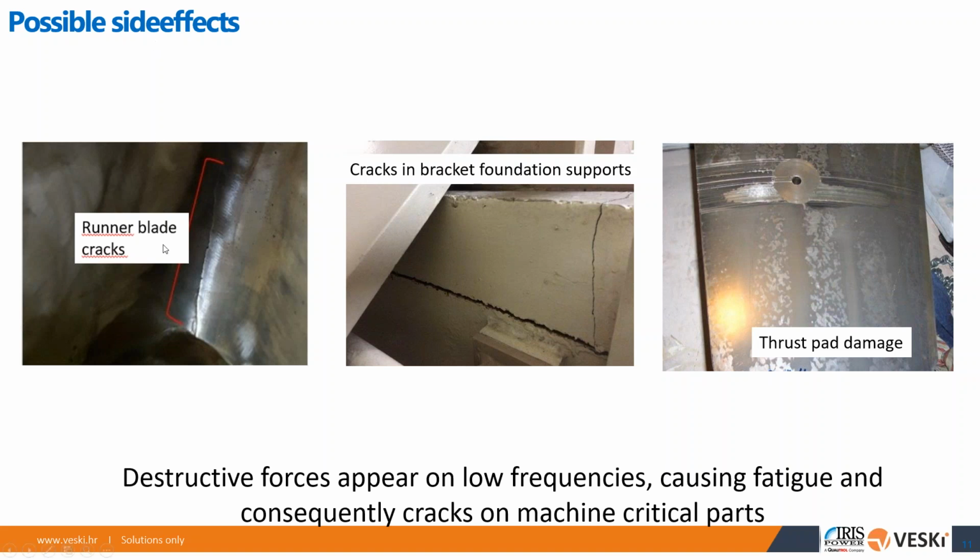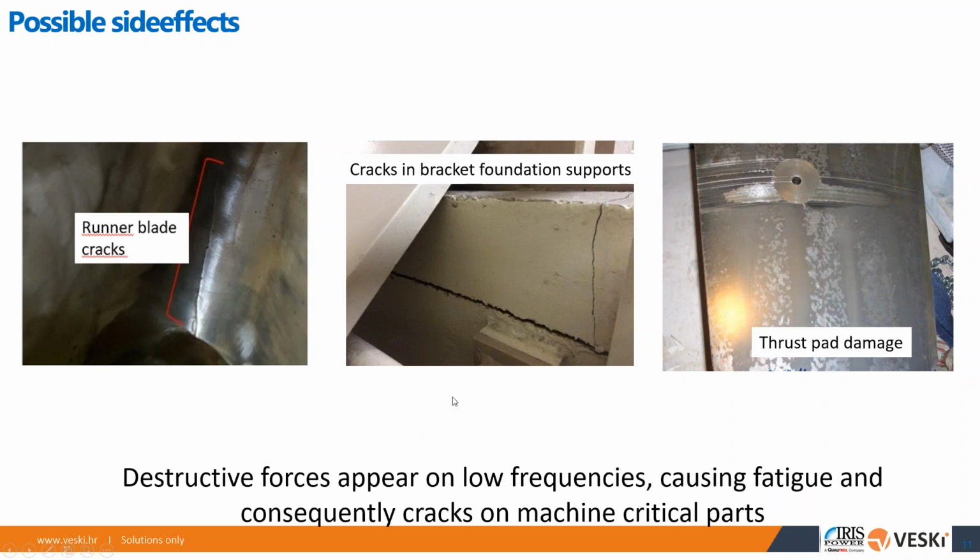And then possible side effects are you can have cracks on the runner blades. You can have cracks in bracket to foundation supports, foundation axial brackets. Even the axial thrust pad damages. This is what we've seen.